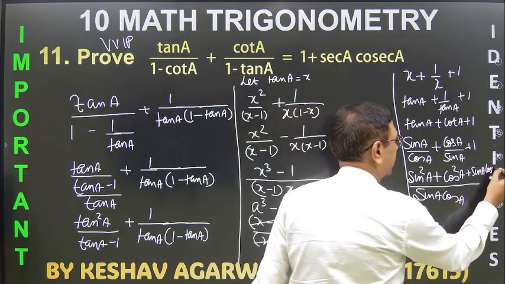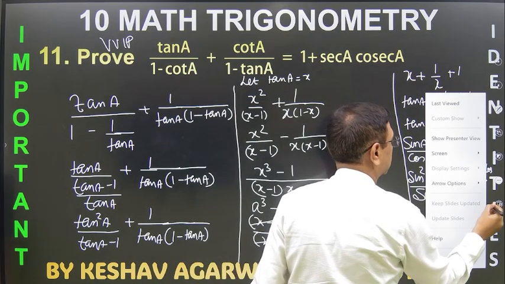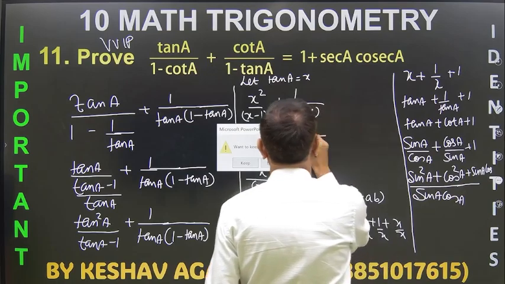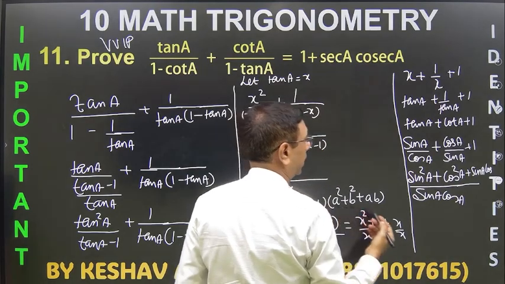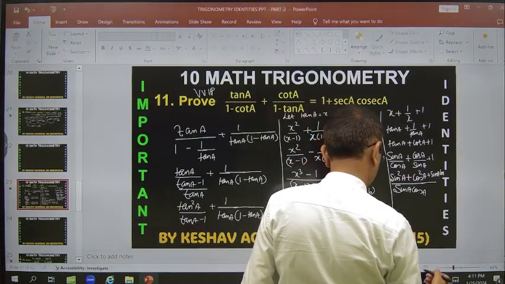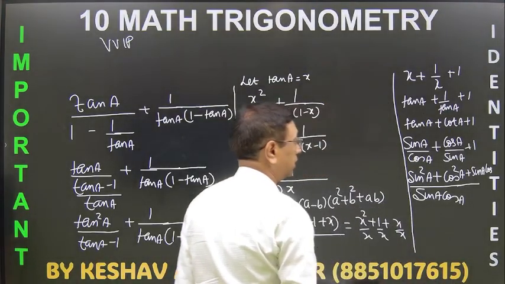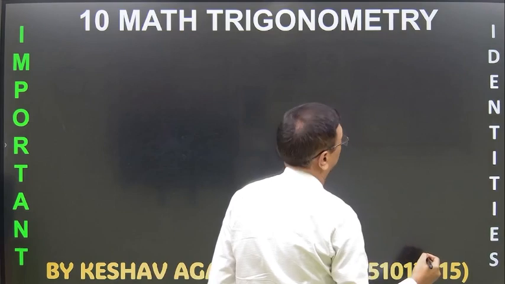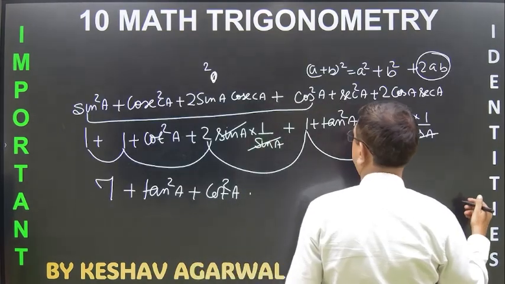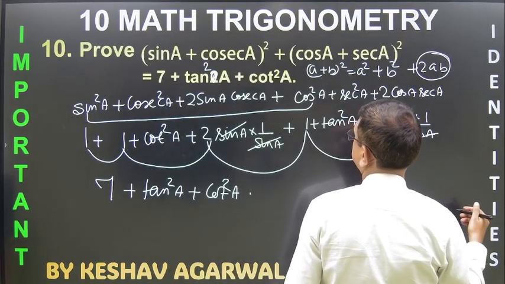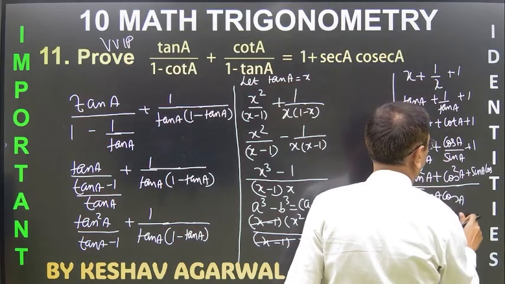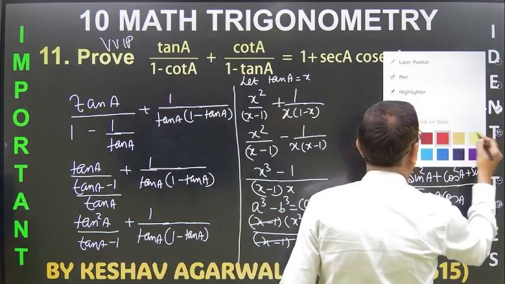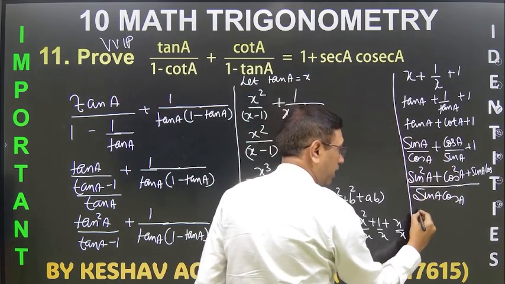I've got less space, let me see if this comes. Okay, so that is it. So what are you going to get? Just a minute, I'll take the pen. So what is this 1 plus?